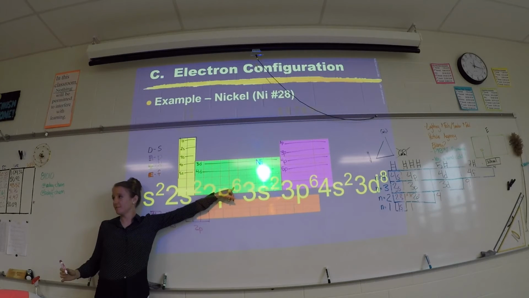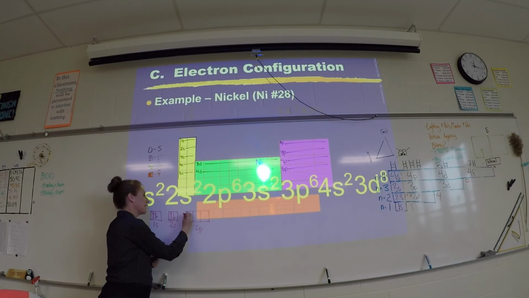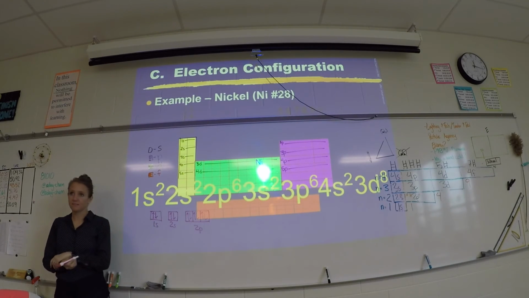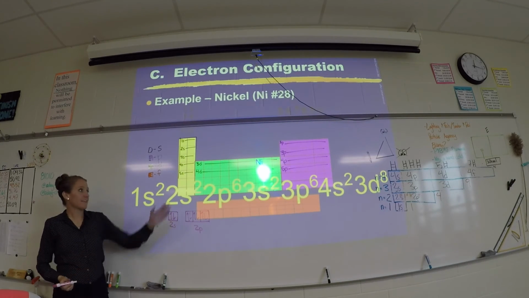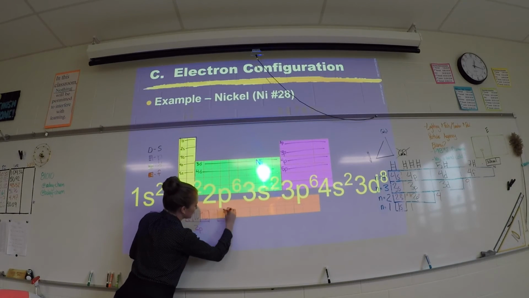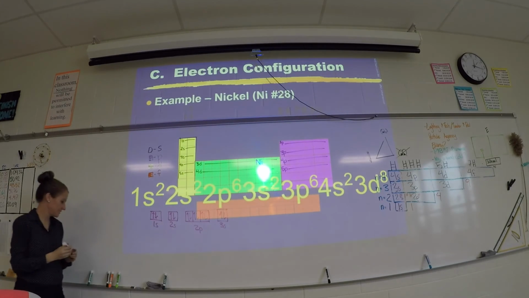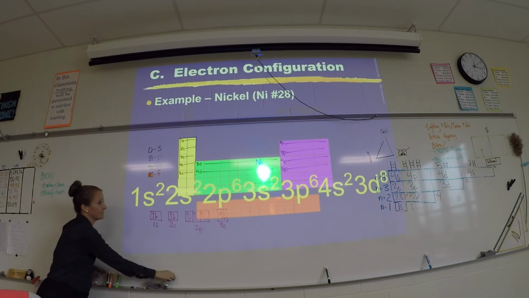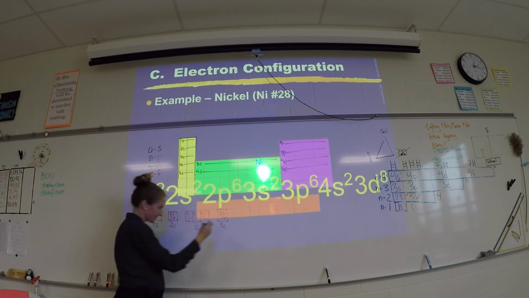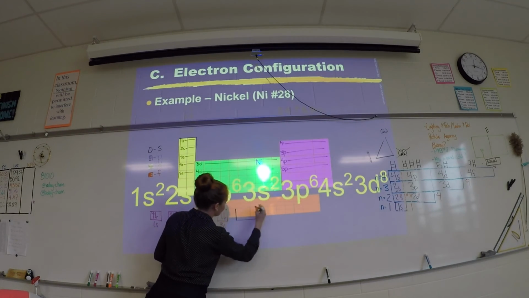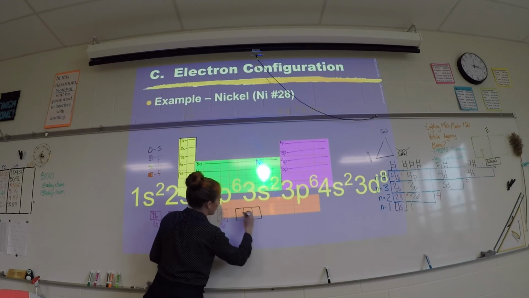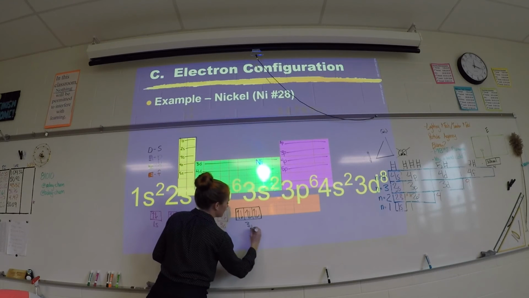So we go up, up, up, and then down, down, down. Carrying on, 3s: 1 box, up, down. 3p: 3 connected boxes again, so up, up, up, down, down, down.